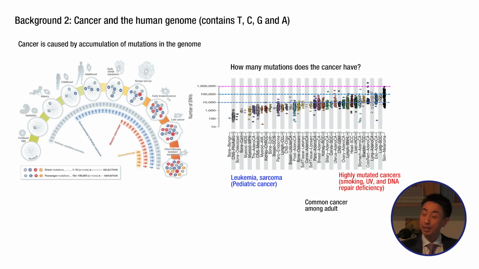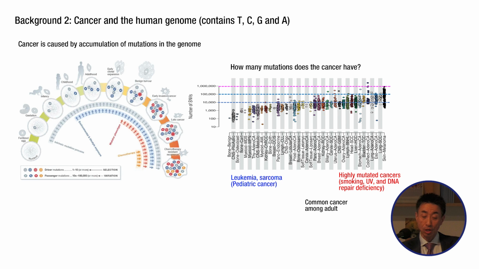We can catalog these data, and this is the number of somatic mutations in each cancer genome. For example, leukemia and sarcoma, kinds of pediatric cancer, have fewer somatic mutations, but skin cancer, lung cancer, or colon cancer have more mutations compared to common cancers like breast cancer or gastric cancers.